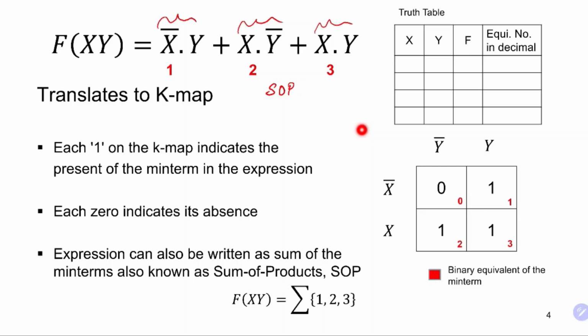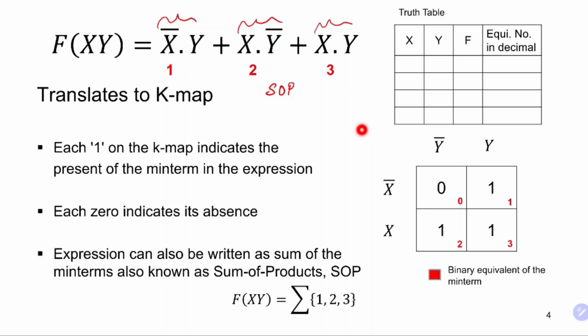How can you put this into a K-map? First, you either put it into a truth table, and then you can map from the truth table to the K-map. That is the basic procedure of what you need to do. But this is a very simple function. How do I draw up my truth table?